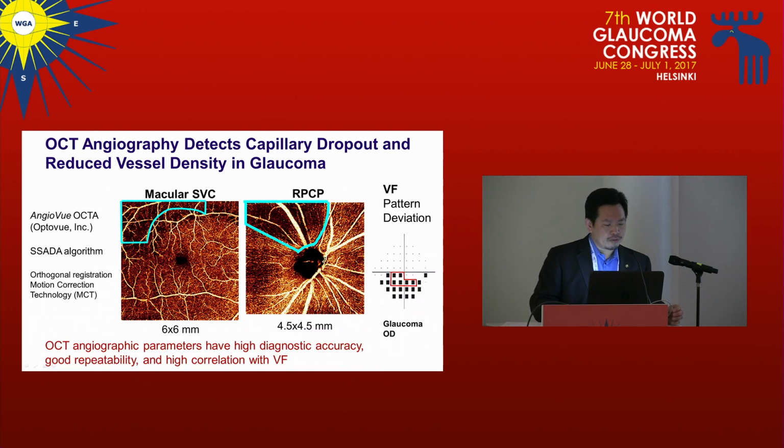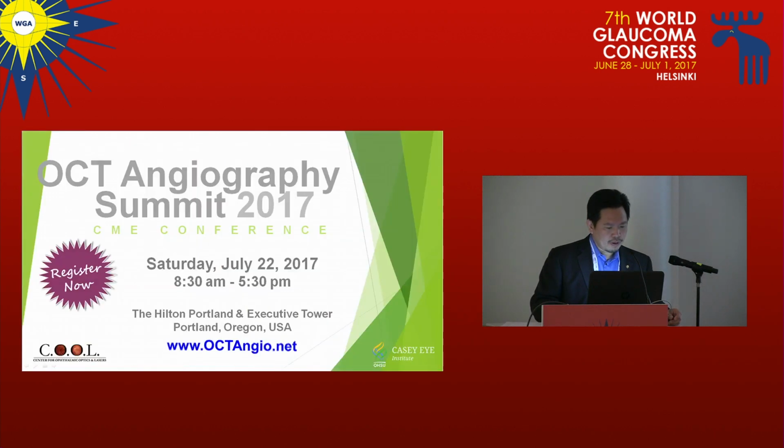This is very repeatable to measure vessel density, and it tends to have very good correlation with visual field, which I think in the future will be important for monitoring of glaucoma. And I'd like to give you a plug for a conference that I'm holding on this topic in the very near future.